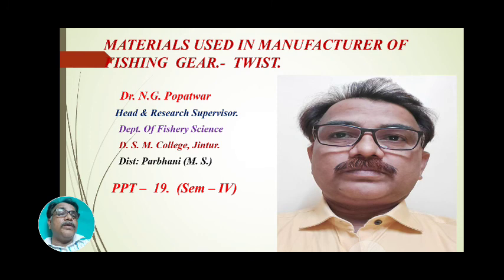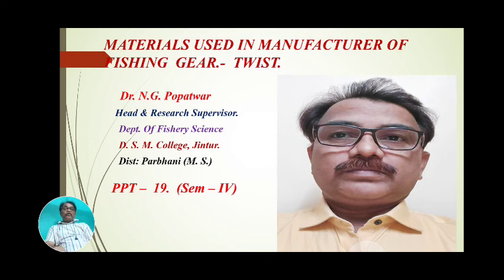Yes, these three types: first is the twisted netting yarn, second is the braided netting yarn, and third is the knotless netting yarn. How each of these is constructed was seen in the last part.